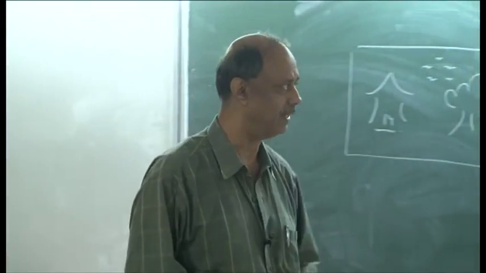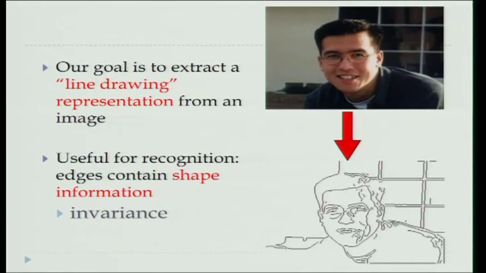So it will preserve the important structural properties, but you may not get back the original look of the image. So what is our goal? Our goal is to extract a line drawing representation from an image. So it keeps the shape information only, and the shape is invariant.